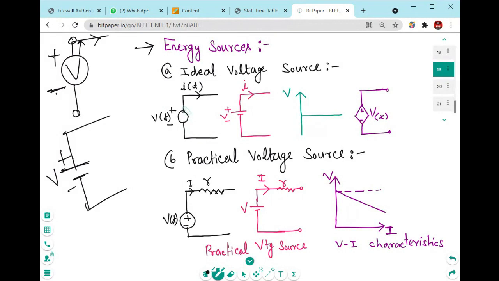Right here we are providing some voltage source. There is no fluctuation in the output voltage, so it remains constant, with no variation. Let's suppose at time T1 it is 3 volts, and at T2 it remains 3 volts. There is no fluctuation in the output, so it is an ideal voltage source.